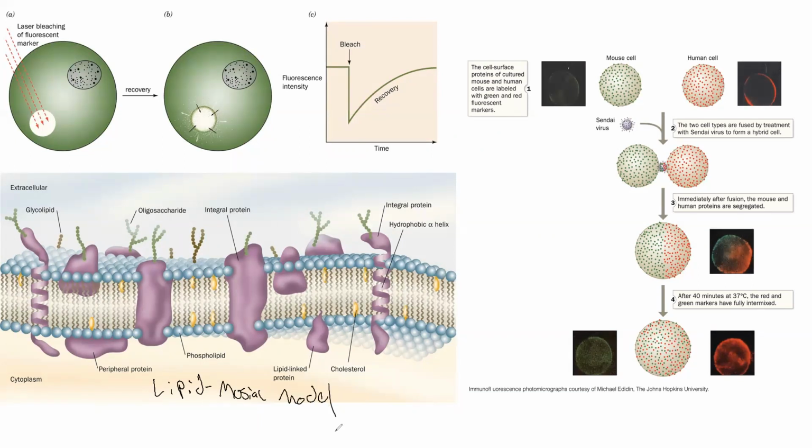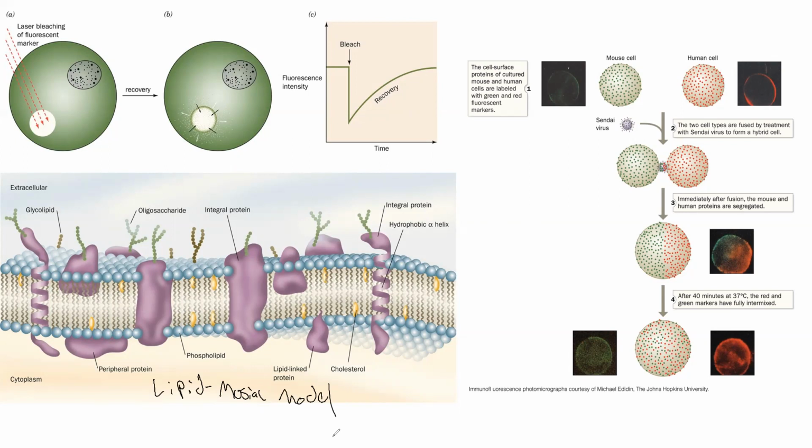What does that mean? Well, that means that the membrane is not just full of lipids and nothing else. It has some compartmentalization with it. Different parts of the membrane have different features, and different proteins are associated with different parts of the membrane.